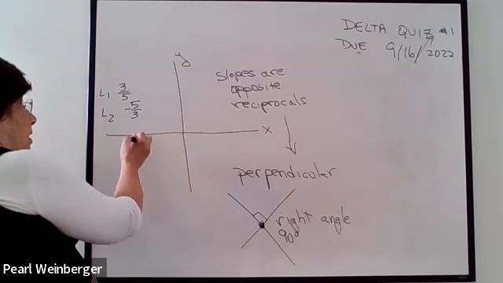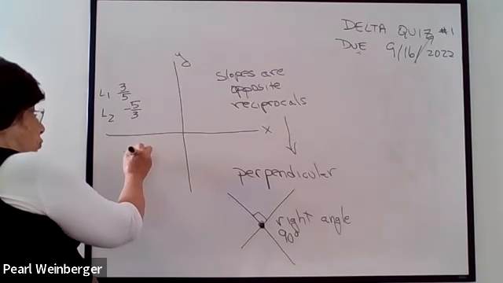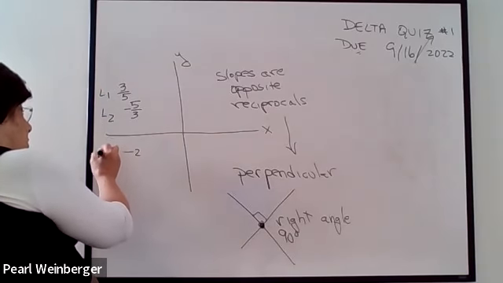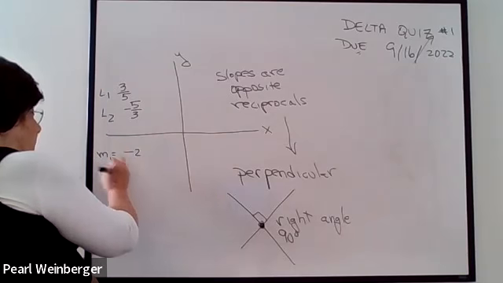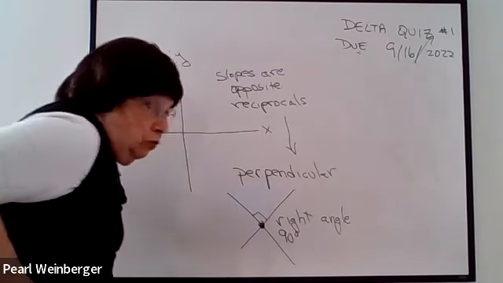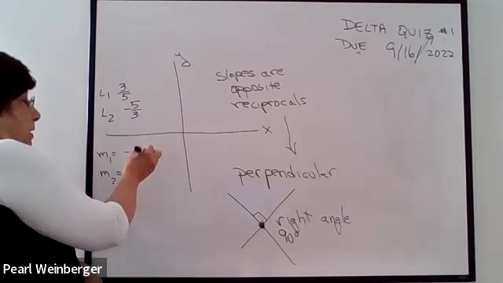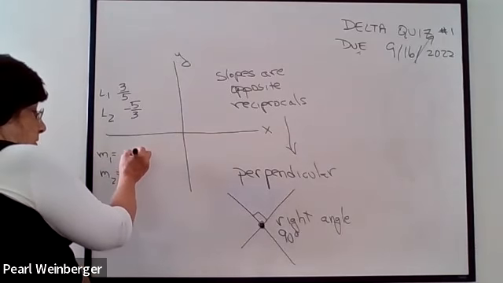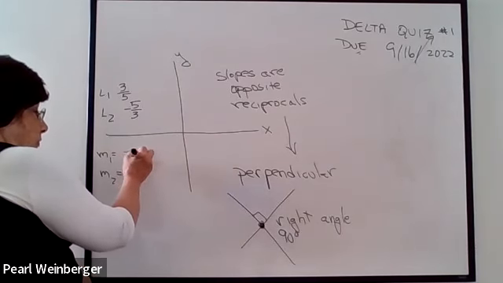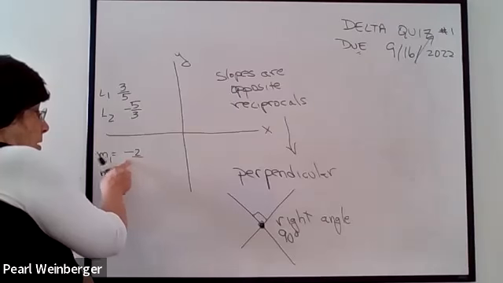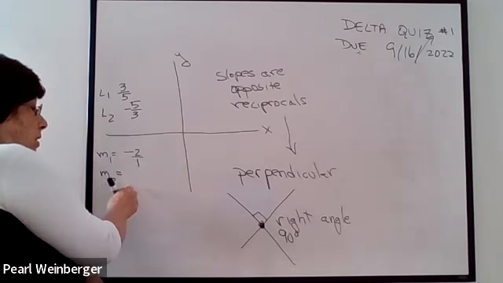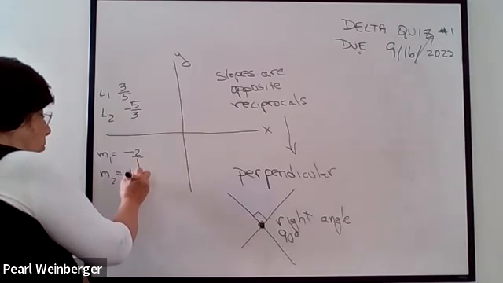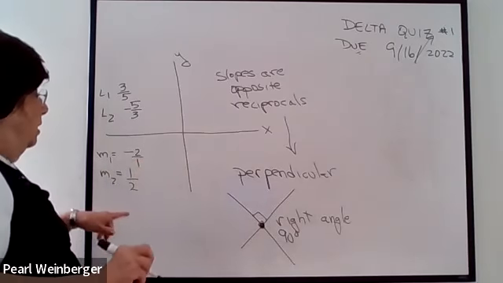If I have one line whose slope is -2, then in order for a line to be perpendicular to it, since -2 really means -2/1, the perpendicular line would have to have a slope of positive 1/2.